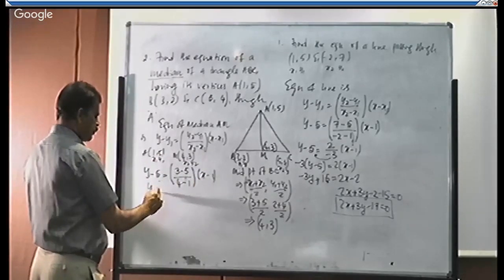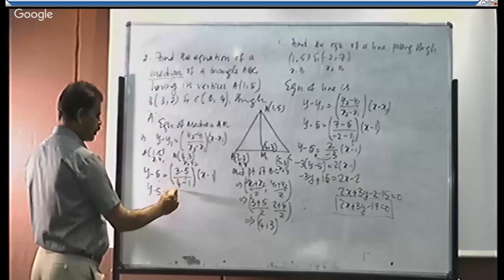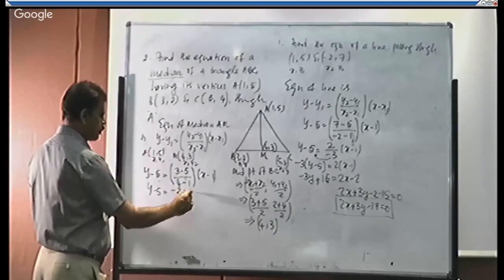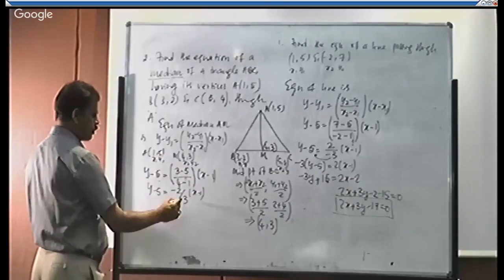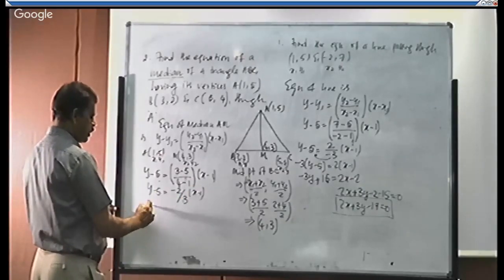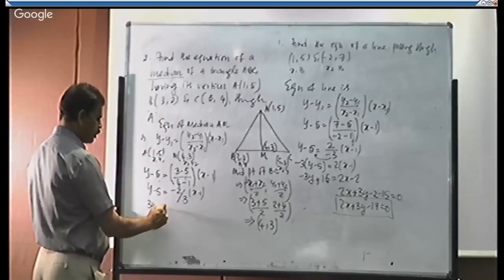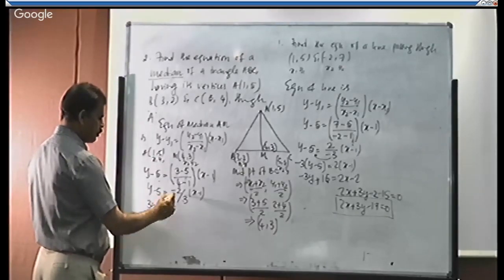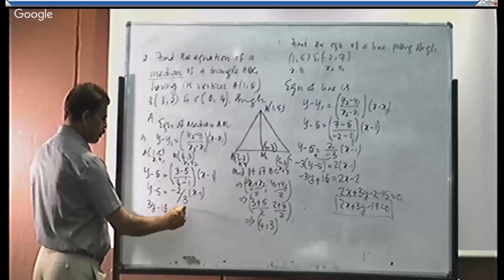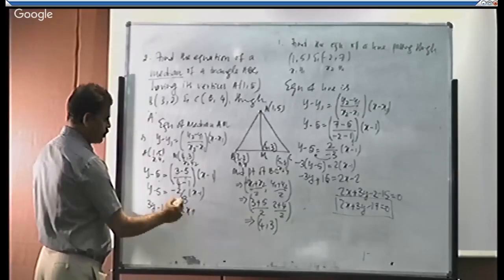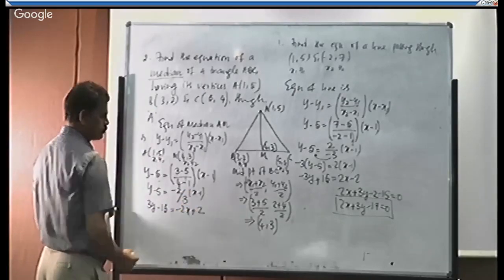y minus 5 is equal to (3 minus 5, which is minus 2) divided by (4 minus 1, which is 3) into (x minus 1). Cross multiply it. 3 into y is 3y, minus 5 into 3 is 15, equals minus 2 into x, minus 2x, plus 2 into 1 is 2.